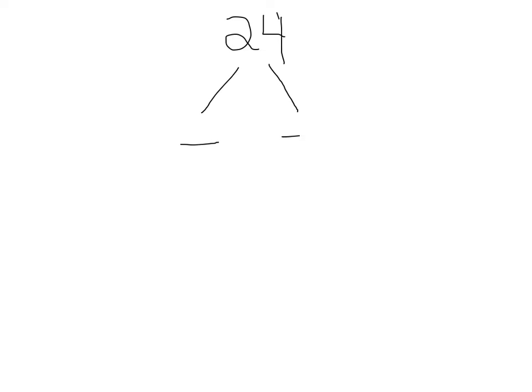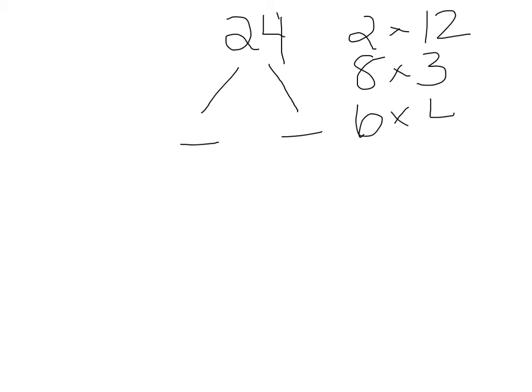What goes here and here are the 2 numbers that you can multiply to get 24. They're like your array boxes. So thinking about it, you want to use any set of numbers other than 1 and itself. So we can use 2 times 12. We can use 8 times 3. You can use 6 times 4.